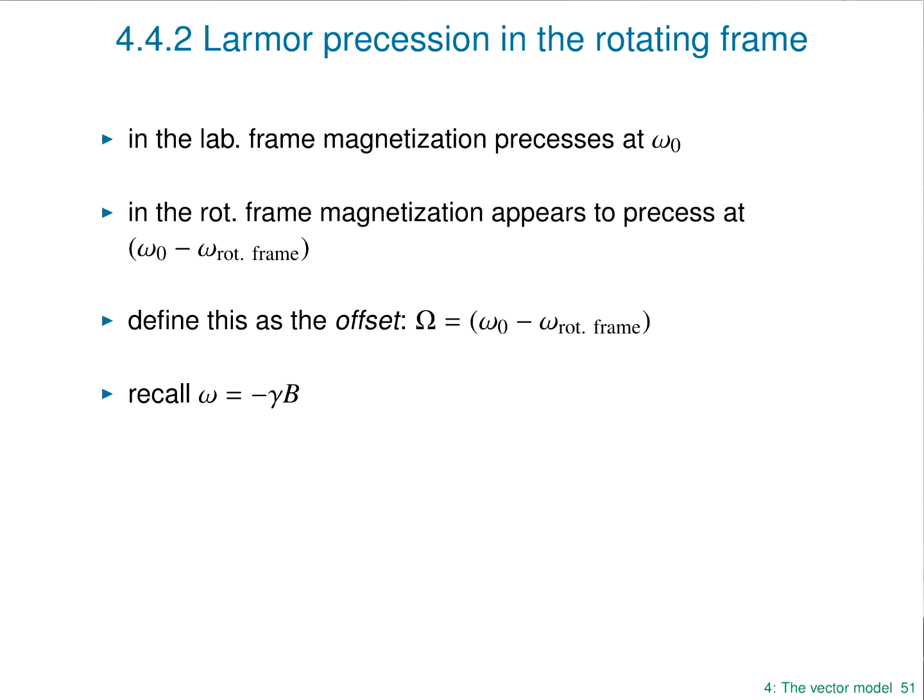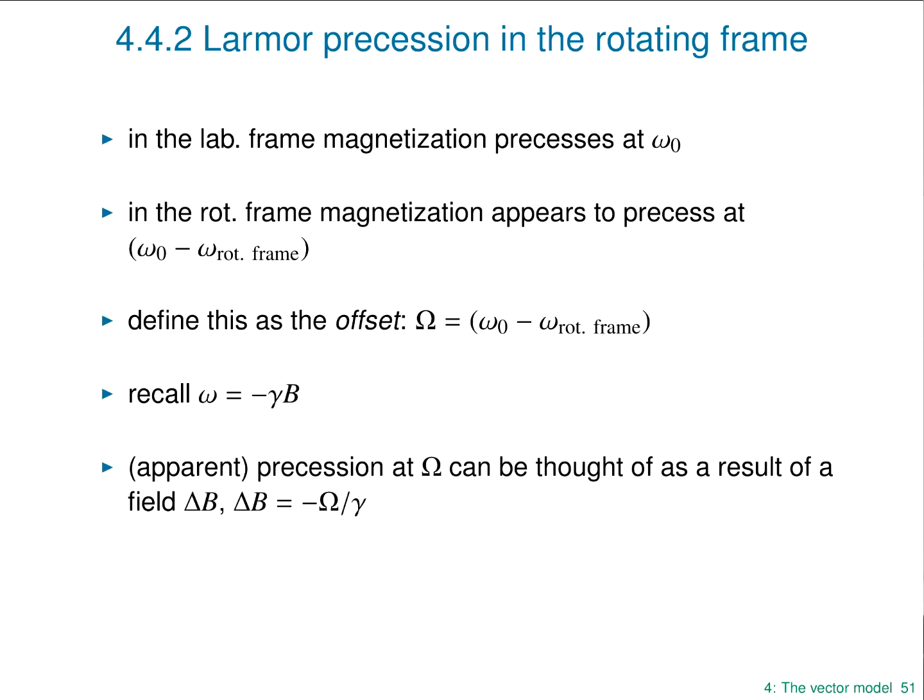So if you have a particular nucleus experiencing a particular magnetic field, you can always work out what the Larmor frequency, the precessional frequency, is, using omega equals minus gamma B. So if you turn this on its head and say, well, in the rotating frame, the magnetization appears to be going at capital omega, what that implies is that the magnetic field must be minus omega over gamma.